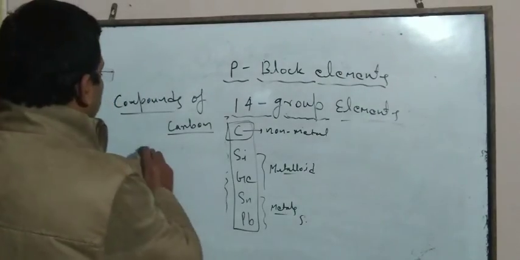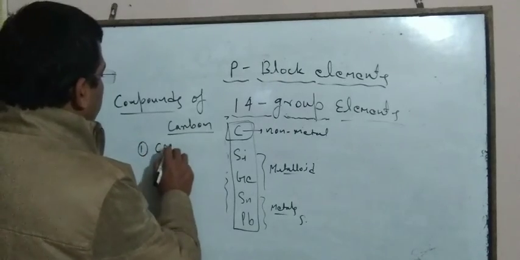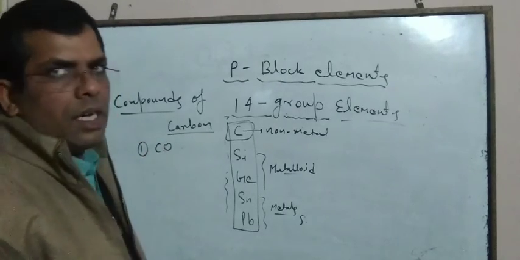In compounds of carbon, we will discuss two compounds. One is CO, carbon monoxide, and second is carbon dioxide, that is CO2.